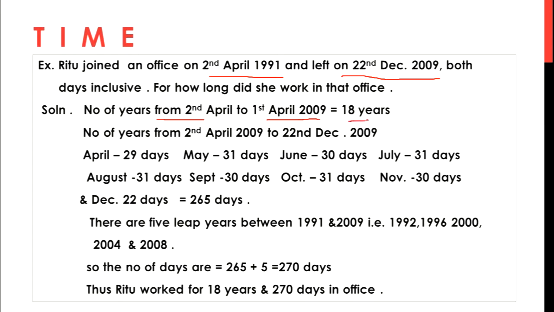So we go from 2nd April to 1st April 2009. That makes 18 years. And number of days from 2nd April to 22nd December: April 29 days, May 31 days, June 30, July 2009 31 days, August 31 days again, September 30 days, October 31 days, November 30 days, and up to December, because December is also included.